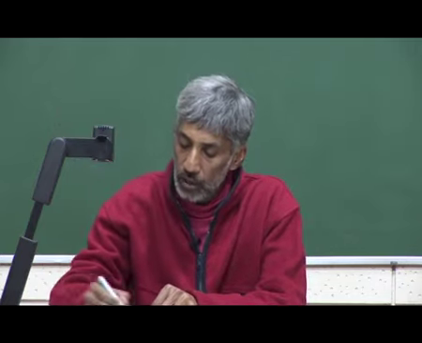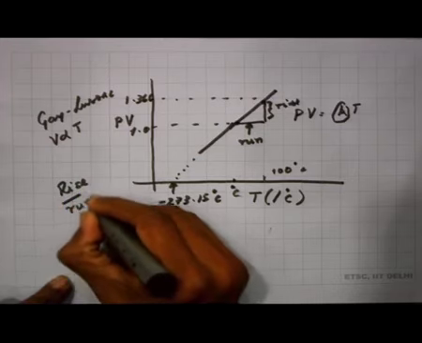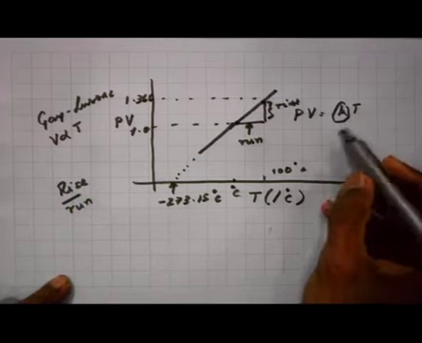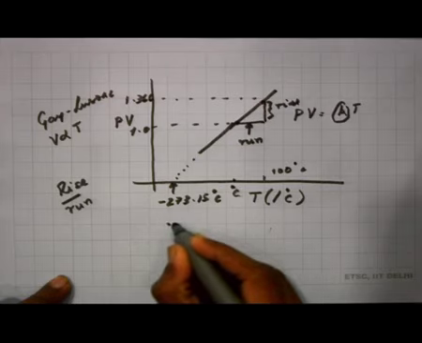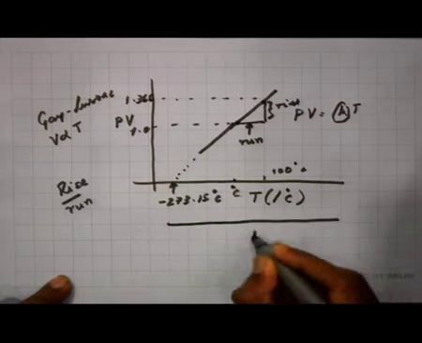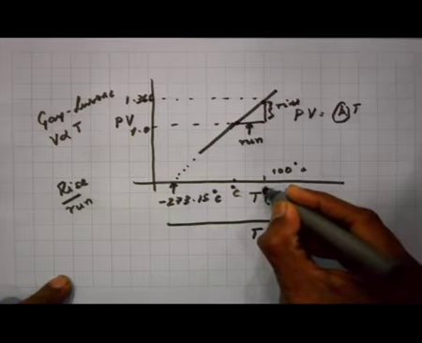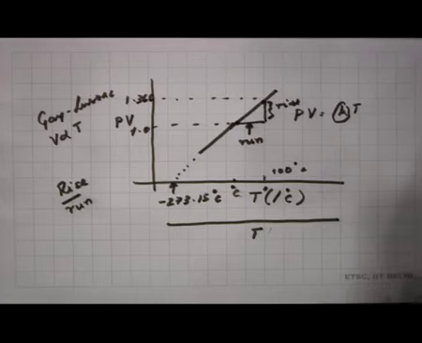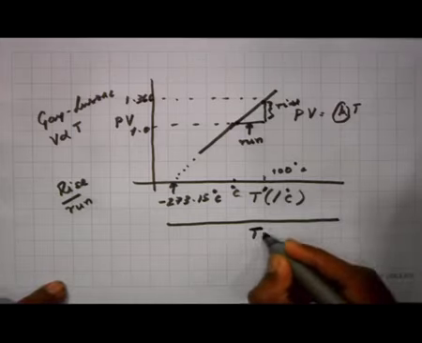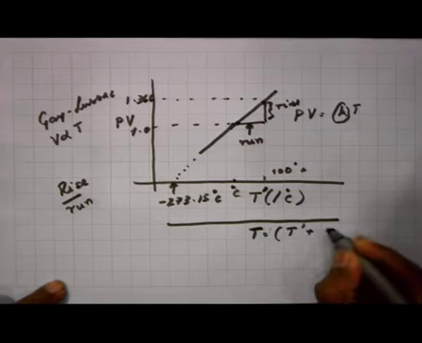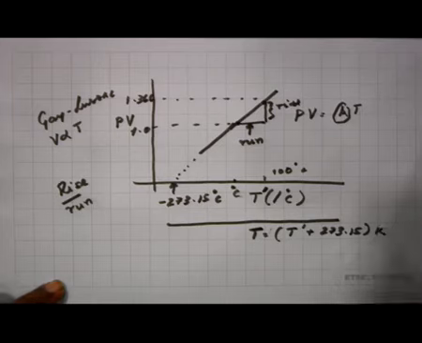This rise over the run is the slope of this line. So, if you plotted this in Kelvin, if I draw another scale where temperature, maybe I should call this T prime for convenience, because this is in degrees Celsius and T is equal to T prime plus 273.15, expressed in Kelvin.